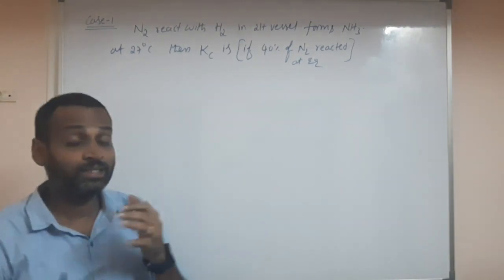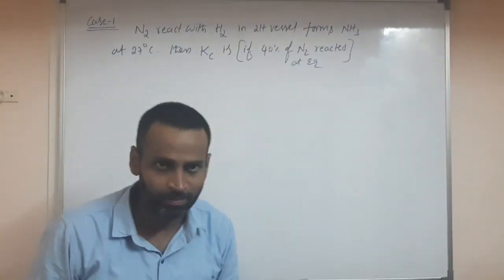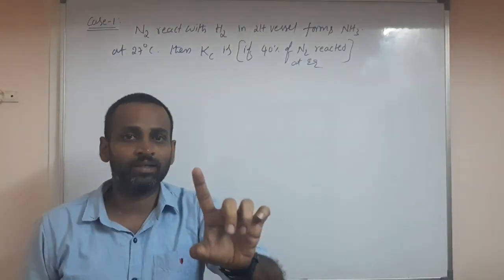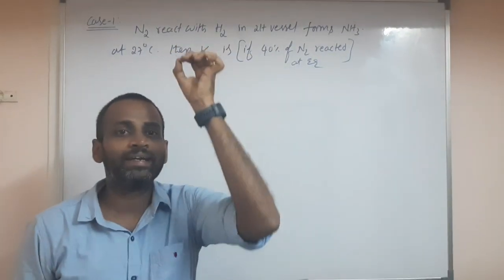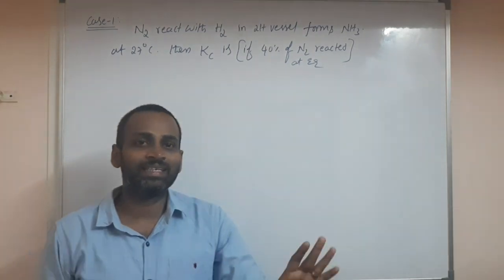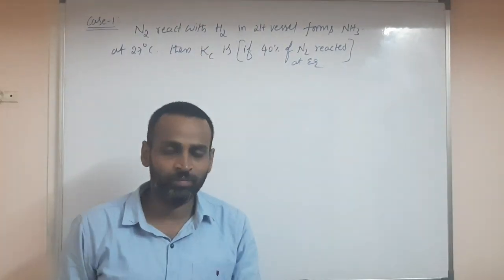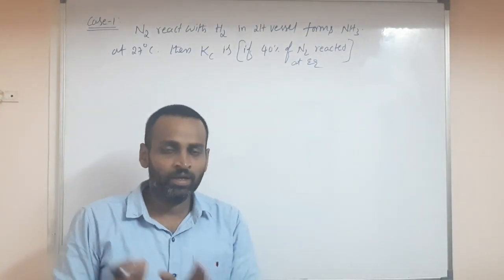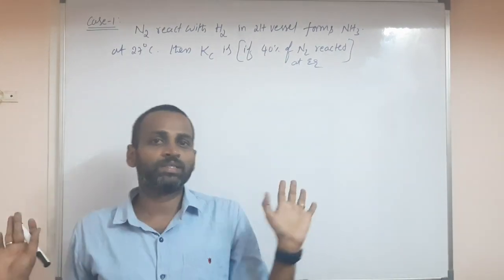So the remaining 60% of nitrogen is present once equilibrium is attained.